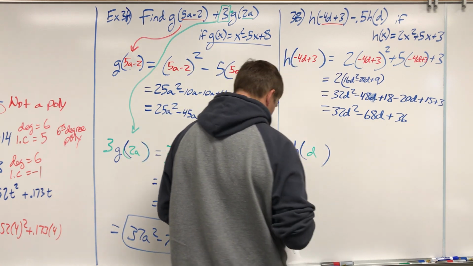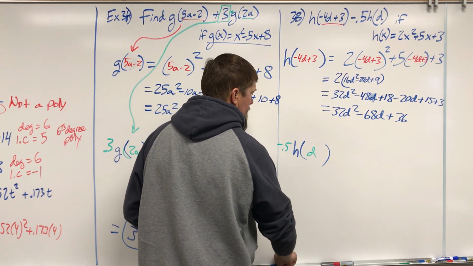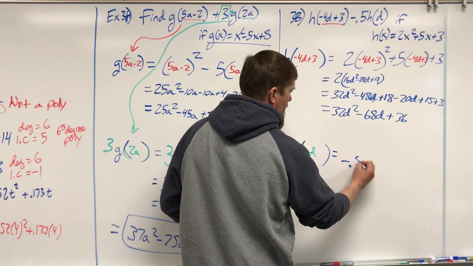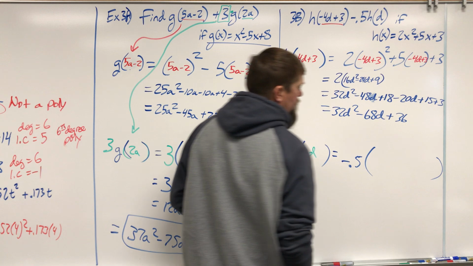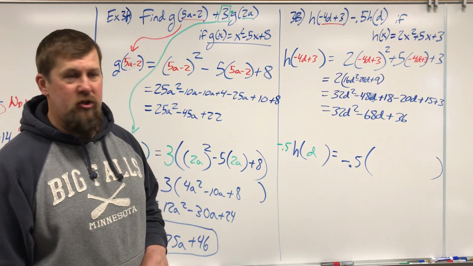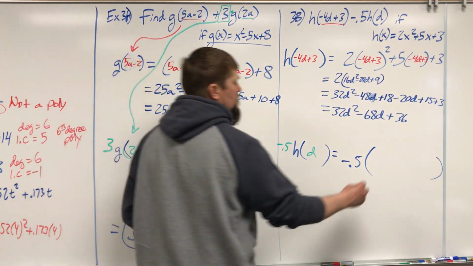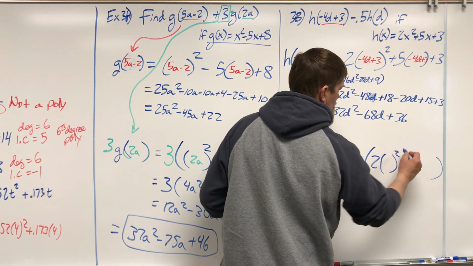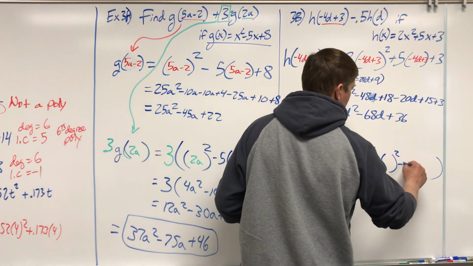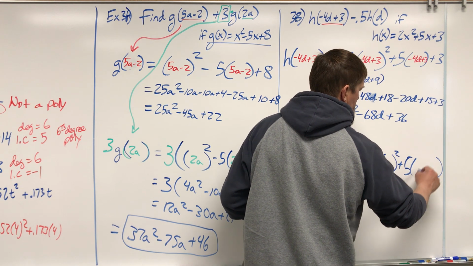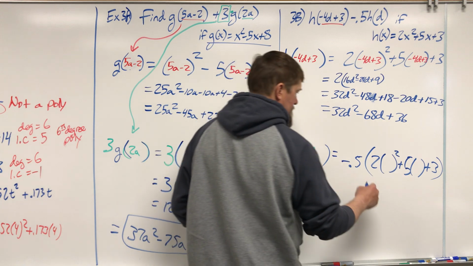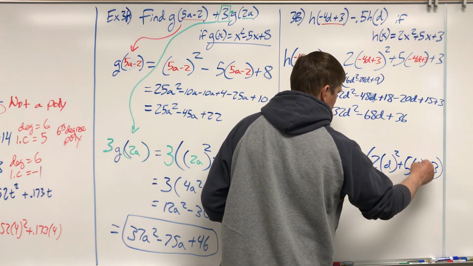So what I'm going to do is write out negative 0.5 on the outside, and then I put my h function on the inside, which is 2x squared plus 5x plus 3. But instead of x, I'm putting d in. So I put d in here.